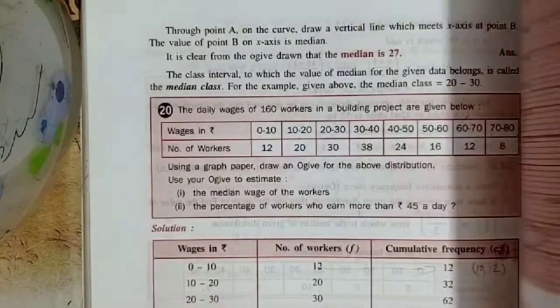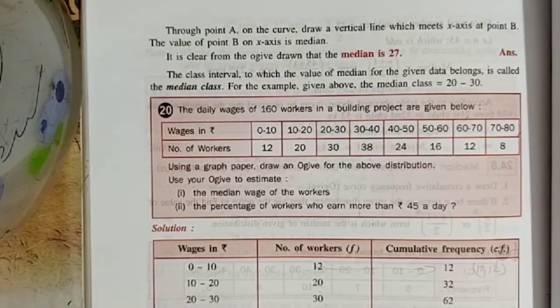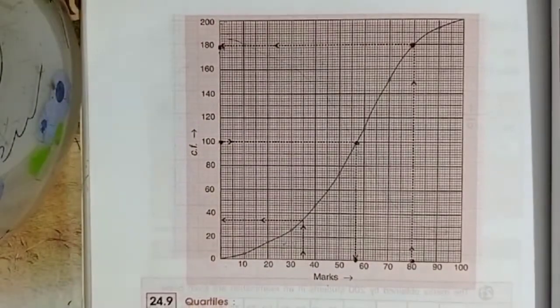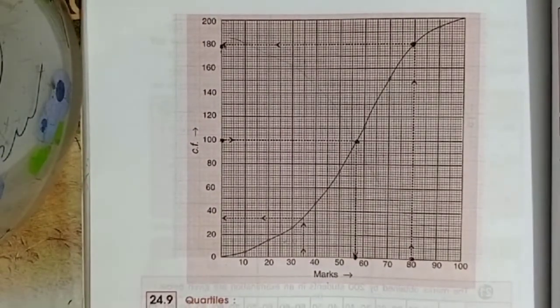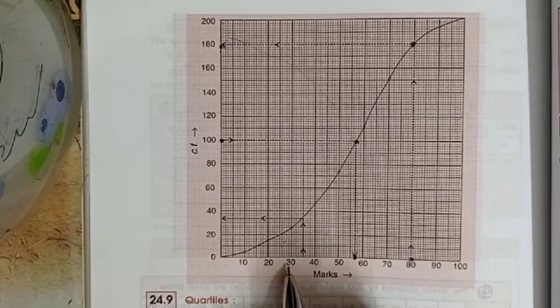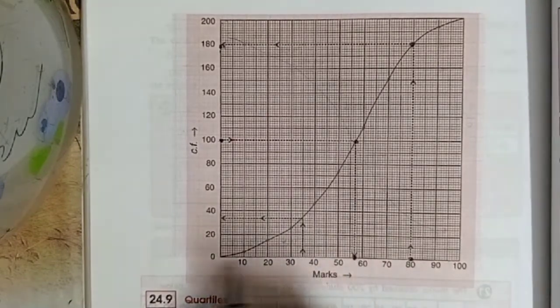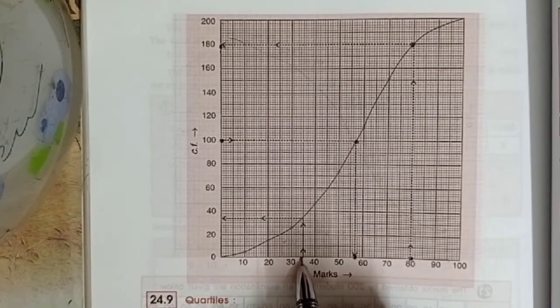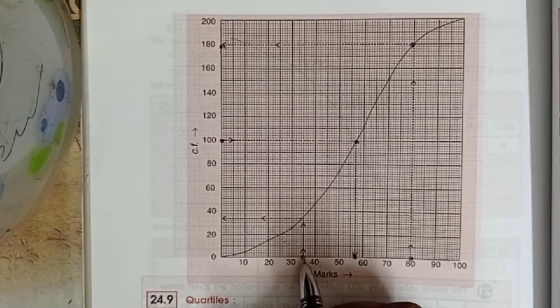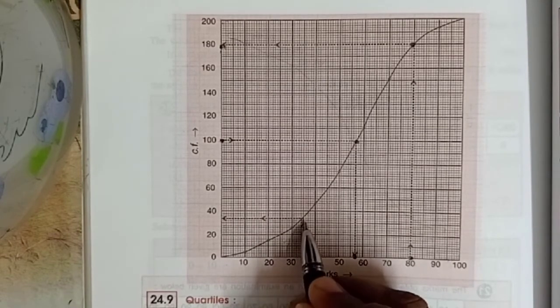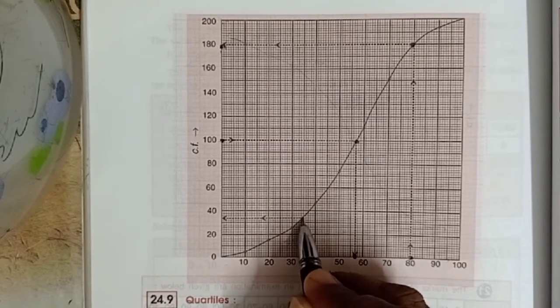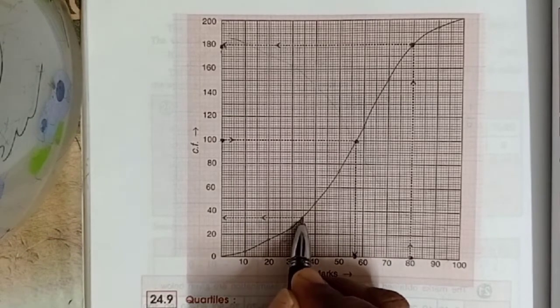Now one more part. Number of students who did not pass, if the pass percentage was 35, then what to do? Here we plot marks, therefore mark the pass mark. 35 is the pass mark. Locate that point 35. From that 35, draw a vertical line. That vertical line will touch the ogive at a particular point. Same procedure.